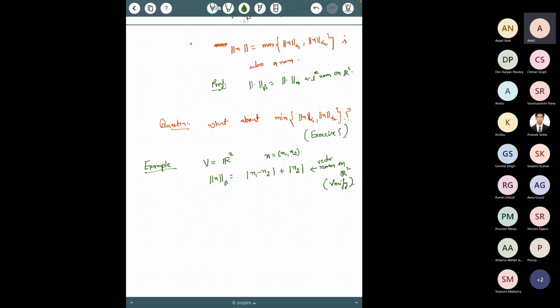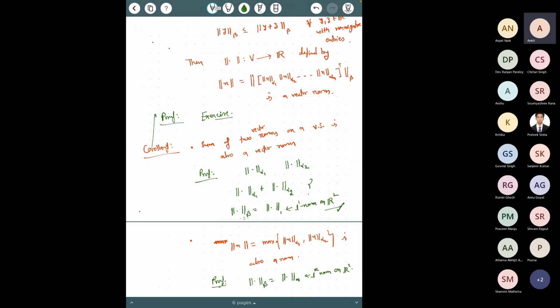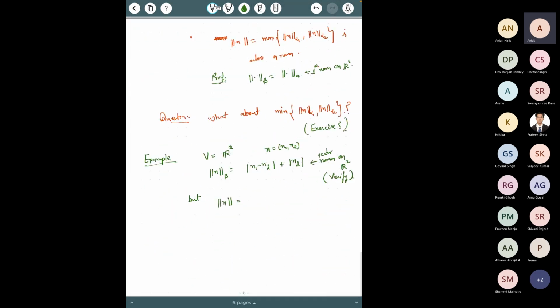But now if you look at this new function of x, which I'm defining using this, whatever will be the conclusion of this statement here, you can see that this function here is not a vector norm.